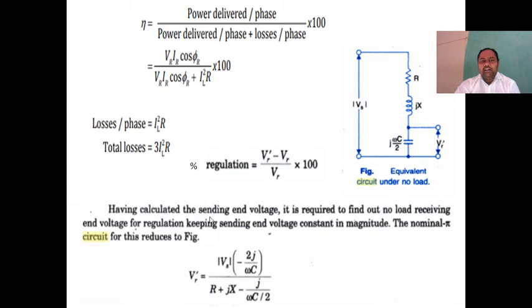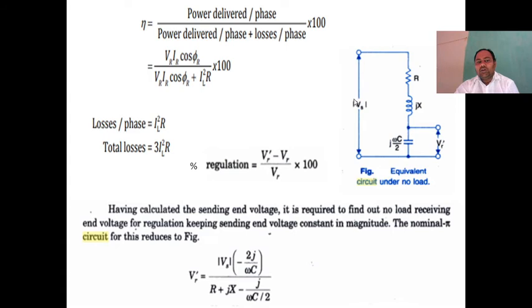Having calculated the sending end voltage, it is required to find the no load receiving end voltage for regulation, keeping the sending end voltage constant in magnitude. The nominal pi circuit reduces to this figure for finding VR dash.